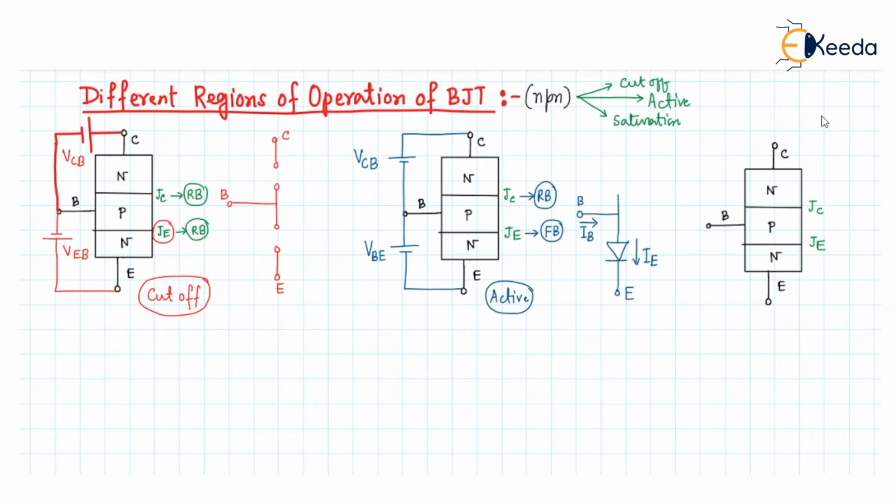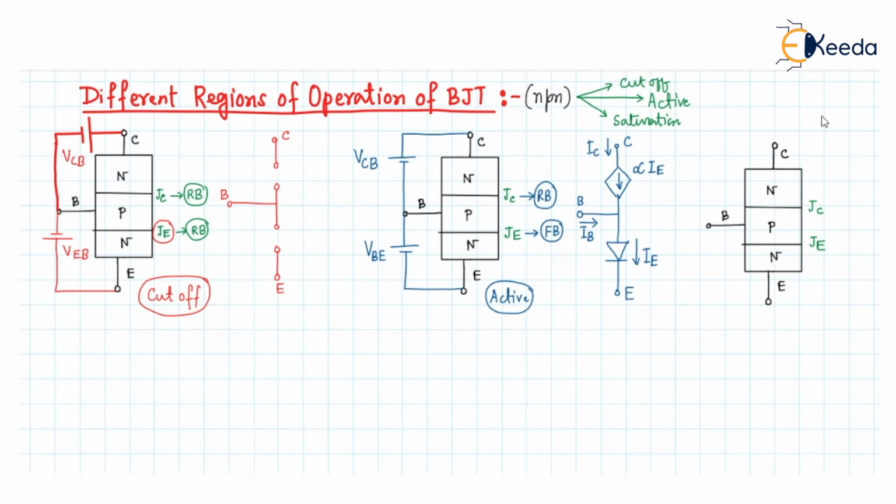The JC junction is replaced by a current dependent current source whose value will be alpha times IE, where this terminal is the collector and the current flowing into it is IC.